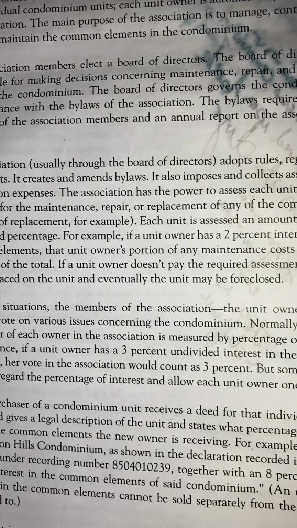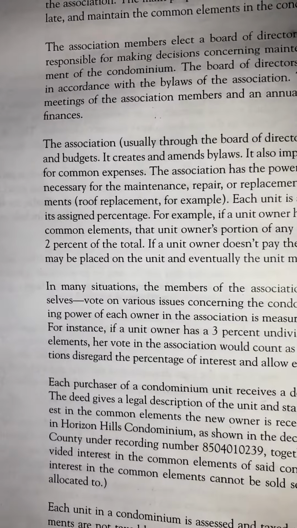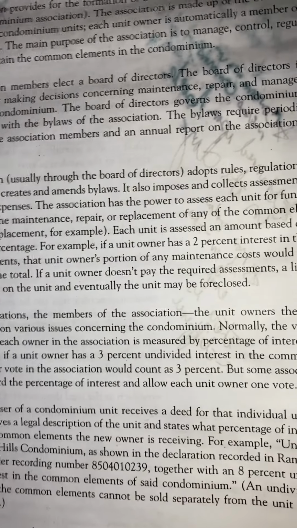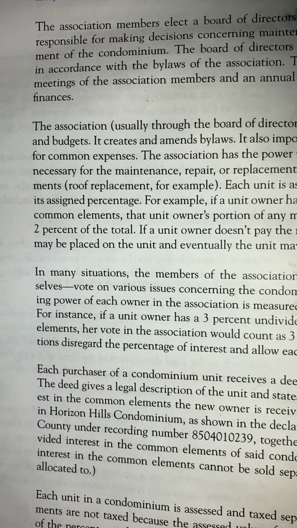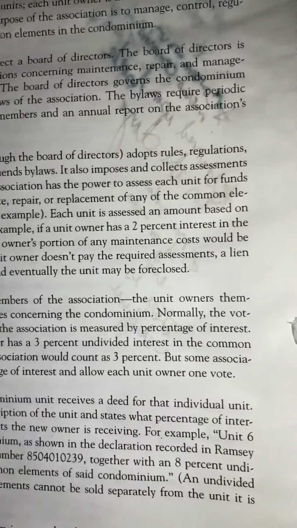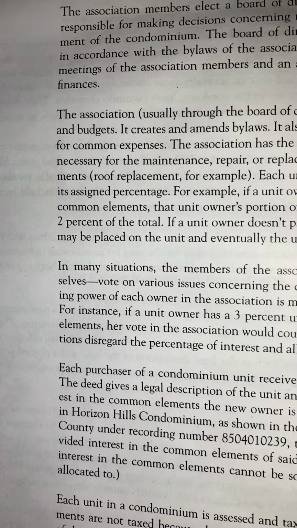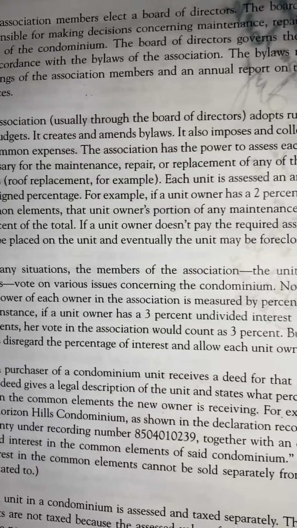If a unit owner doesn't pay the required assessments, a lien may be placed on the unit, and eventually the unit may be foreclosed. In many situations, the members of the association, the unit owners themselves, vote on various issues concerning the condominium.